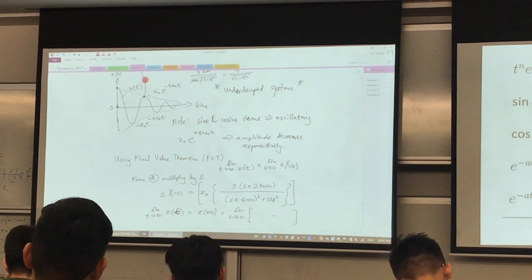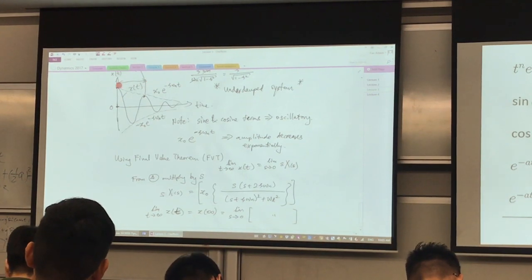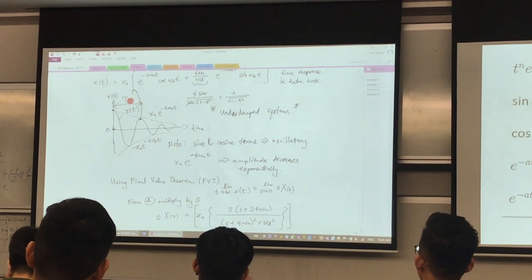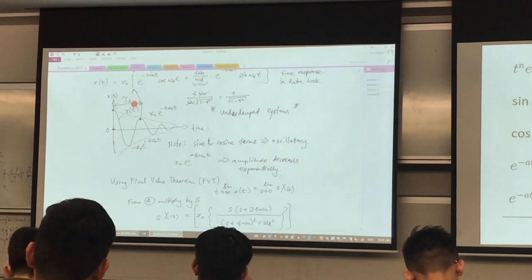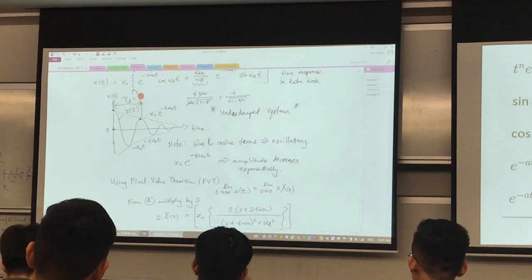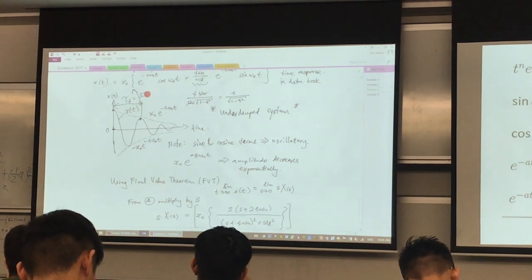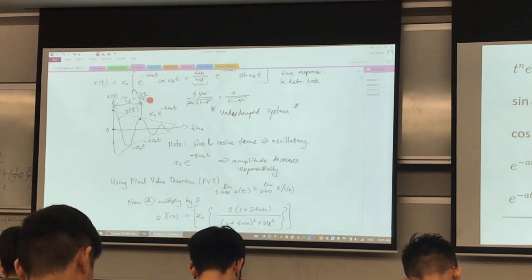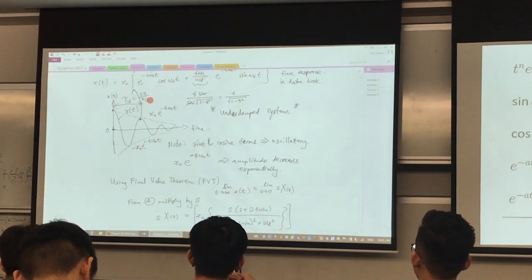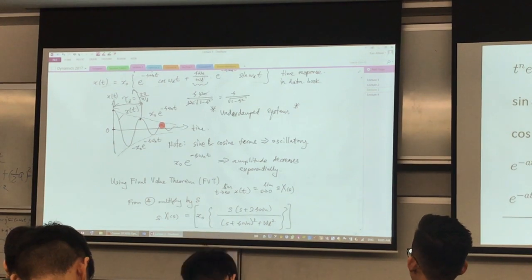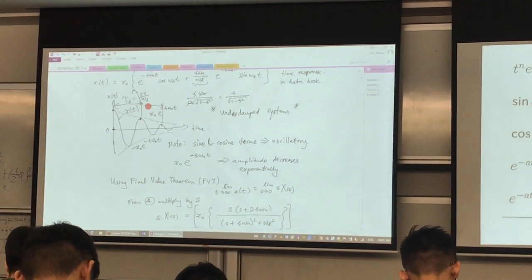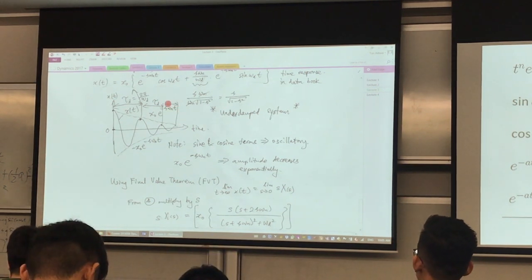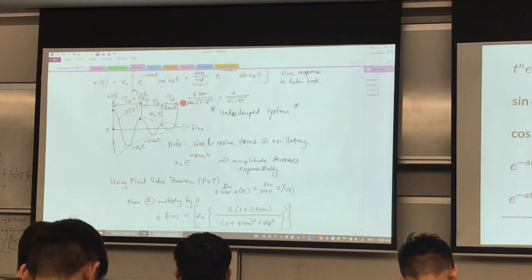This time taken, I call it my tau d instead of tau n, and the formula for that is 2 pi divided by omega d. All this time taken, they are all tau d, although I didn't draw the scale.